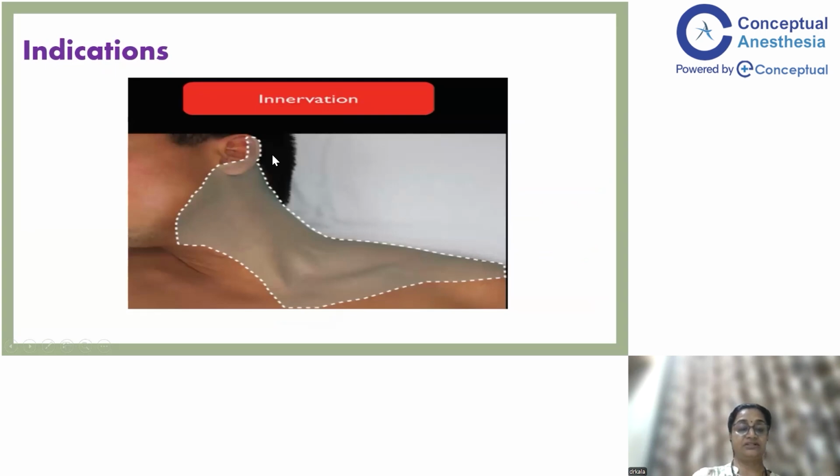That is the innervation: the pinna, the jaw, the midline, and the clavicle up to the upper part of the shoulder. This is the innervation of the cervical plexus.